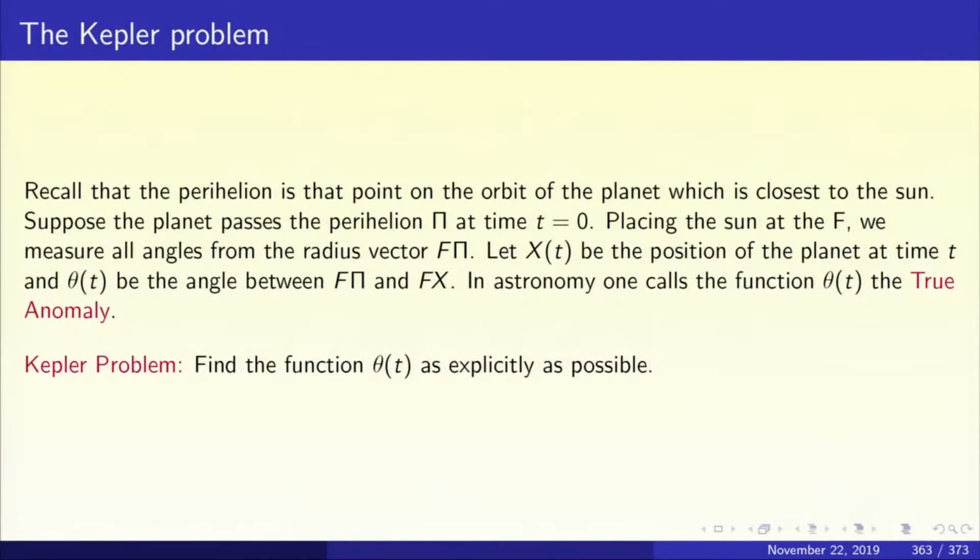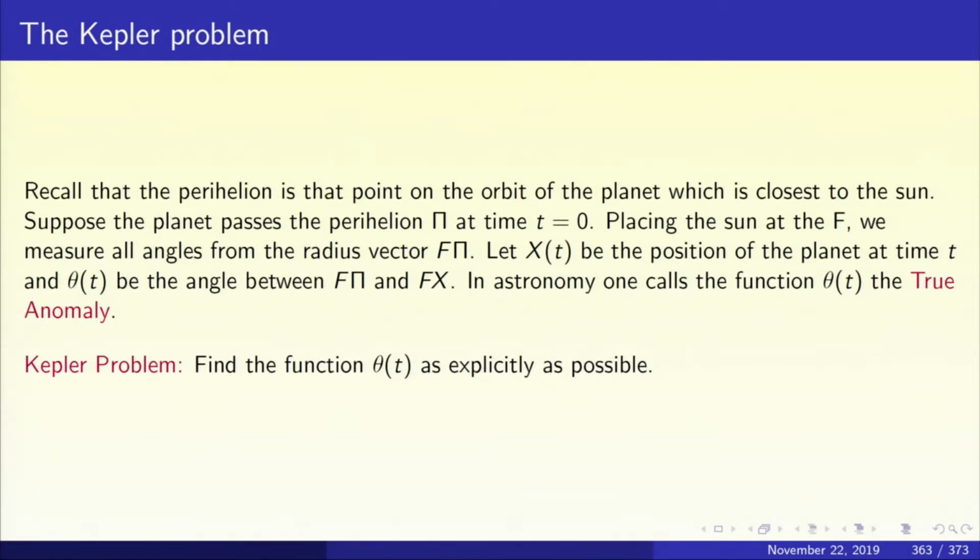The perihelion. Recall that the perihelion is that point on the orbit of the planet which is closest to the sun, and the point which is farthest from the sun is called the aphelion. Let us call capital pi the perihelion and capital pi prime the aphelion.